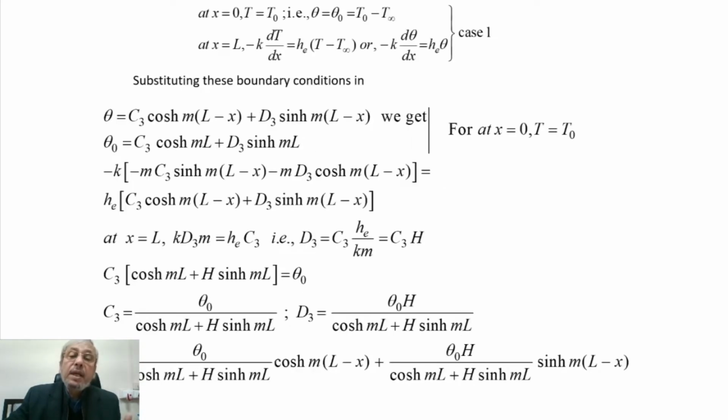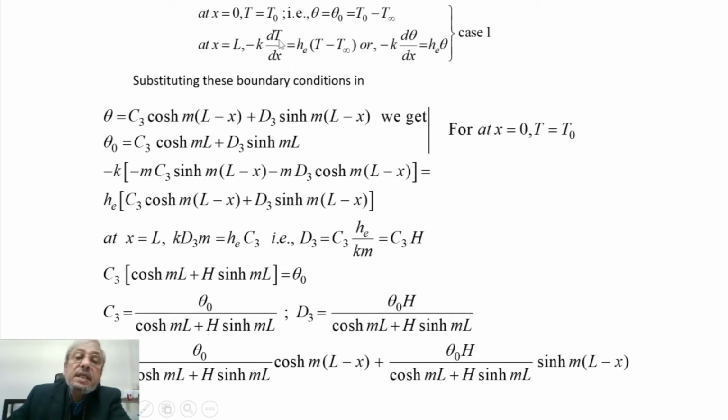we'll see after proper substitution of the boundary condition, the solution we will get is the same. Now x equal to 0, T equal to T naught, base temperature, we can say x equal to 0, theta equal to theta naught. Theta is the excess temperature over the ambient temperature. So it is T naught minus T infinity, which is theta naught. At x equal to L, minus k dT/dx equal to h_e (T minus T infinity).